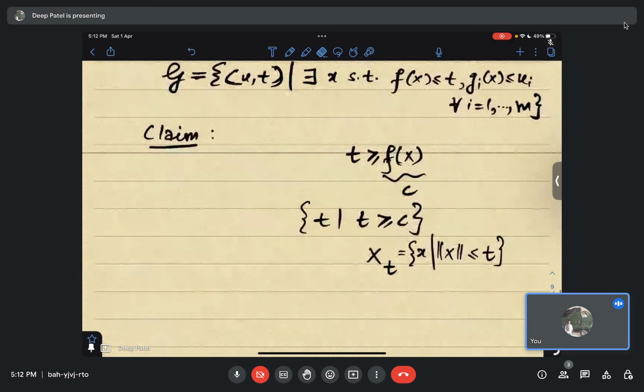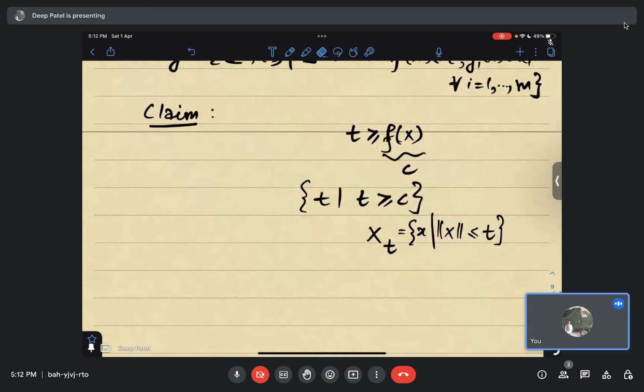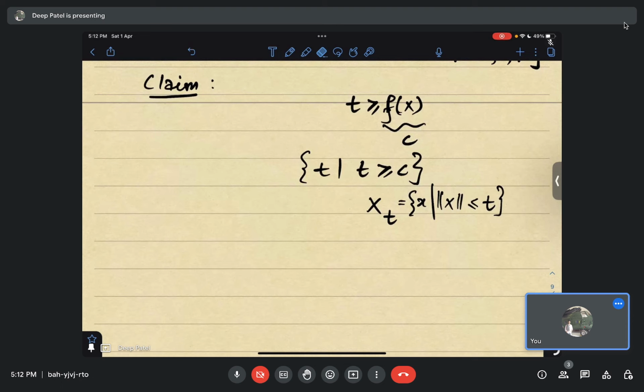But I don't see why this should be a cone. Let's say t greater than or equal to half. If this is a cone and I multiply by lambda, it should still remain, say 1 by 2 greater than 1 by 2, right?